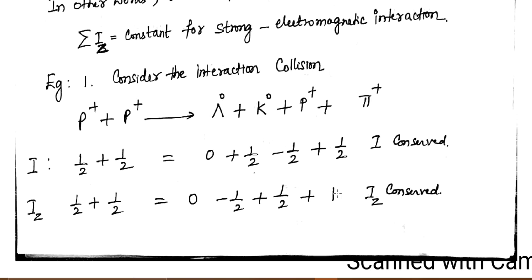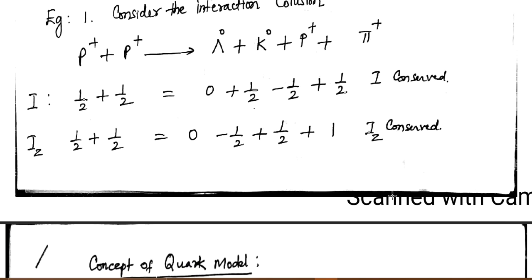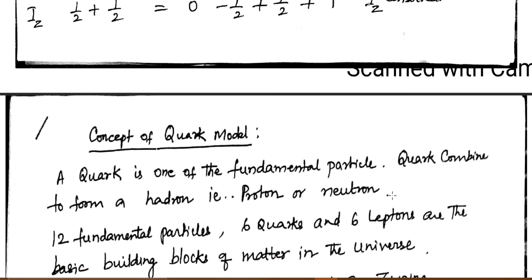So thus minus half plus half cancel each other. So 1 is the total on the left hand side as well as right hand side. Therefore, isospin quantum number Iz is conserved in all strong and electromagnetic interactions.